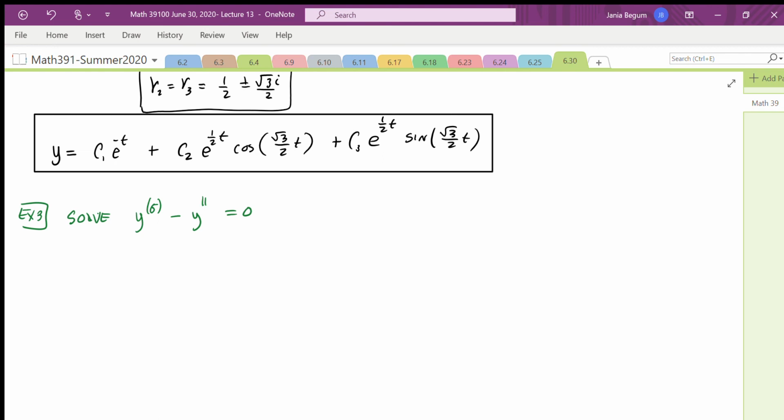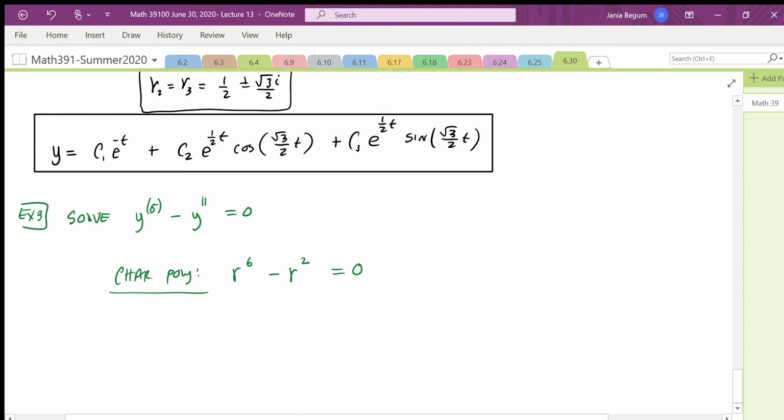So how do we do something like this? So we write out its characteristic polynomial. So we have r to the 6th minus r squared is equal to 0, right?